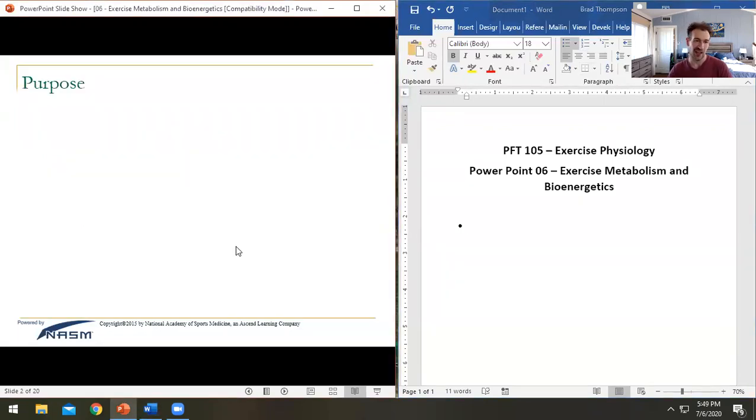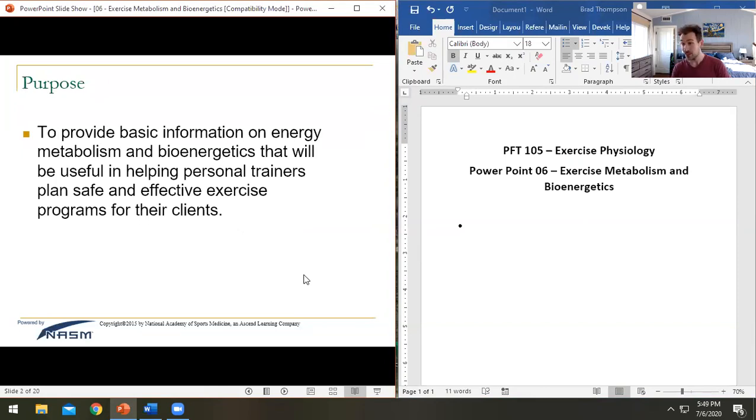So the purpose of today's lecture is to provide basic information on energy metabolism and bioenergetics, which will be useful in helping us plan effective exercise programs, right? We're going to be able to stay in the right energy systems, which result in the right energy production, which will result in the right types of strength and muscle gains.